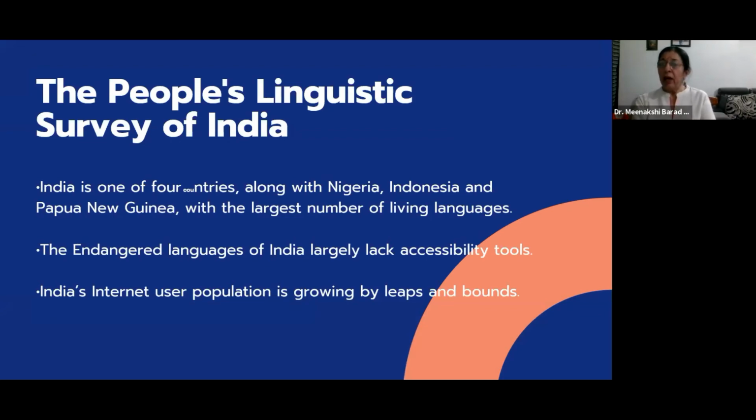The causes for decline are migration of communities, which leads to dispersal of traditional settlements, and a changing employment pattern which favors the majority language. Then there are changes in social and cultural values, and a growth of individualism, which puts self-interest over that of community.